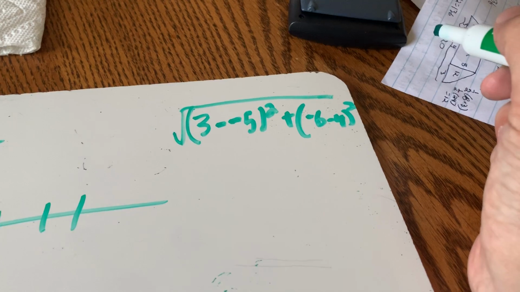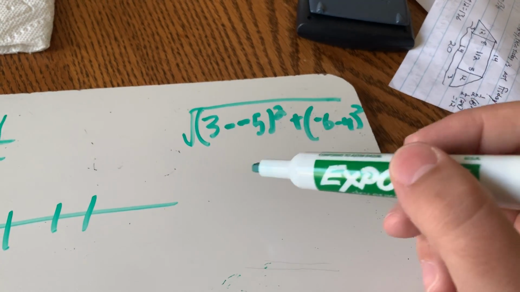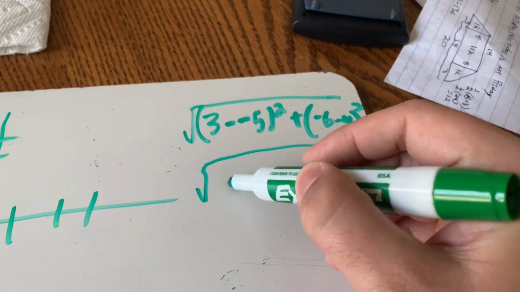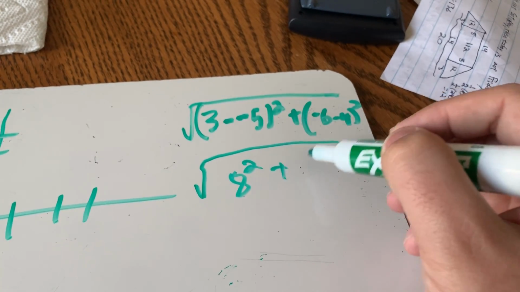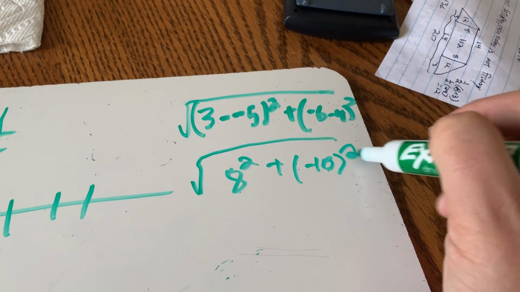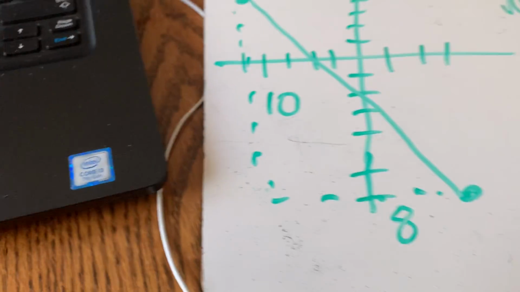So doing that, 3 minus -5 would be 8 squared plus -6 minus 4, -10 squared. You would still get the same thing.